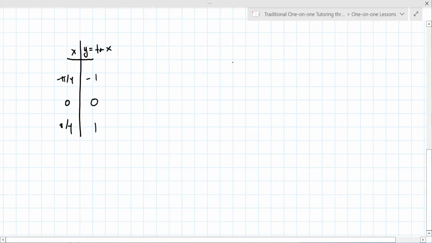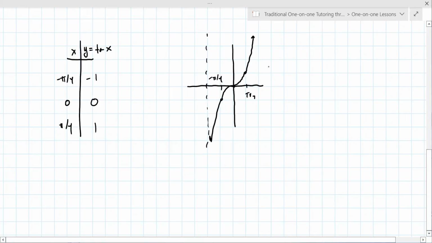This doesn't actually give you a good sense of what the graph looks like, but the shape is that it has this. This is minus pi over 4, and this is pi over 4. It has this sort of snaking pattern, like this, and then like this. There are these vertical asymptotes, which I don't want to get into, but it's very different.